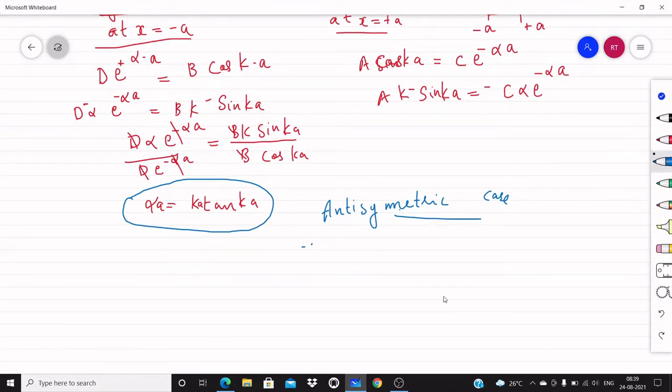So if I show the symmetric case also, you can compare. That is what I am doing.